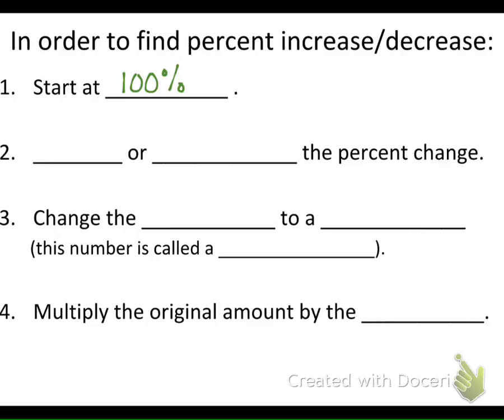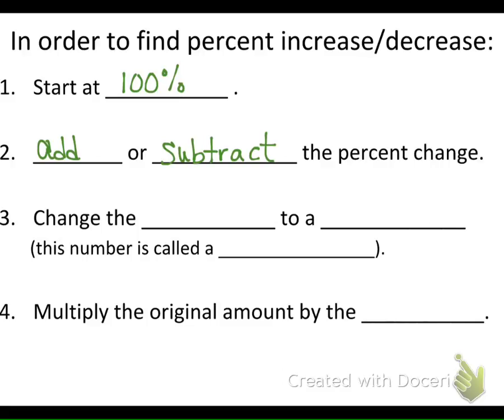Which operation are we doing if we're going to increase? Add. So the second step is we're going to add or subtract the percent change. So we'll start at 100%. With that 100%, we'll either add or subtract the percent change, depending on if they're adding an increase to the price or they're decreasing the price.